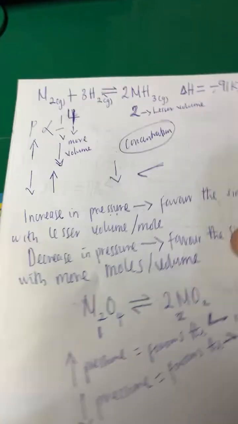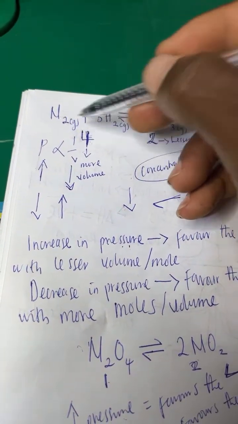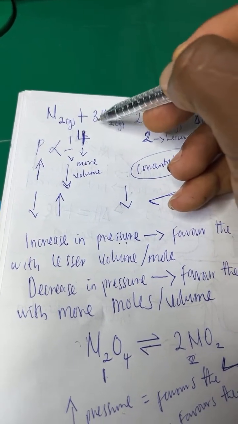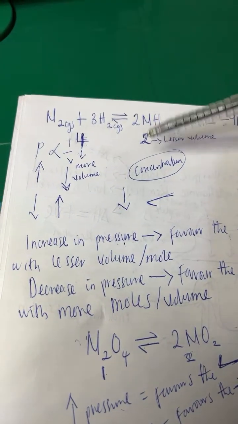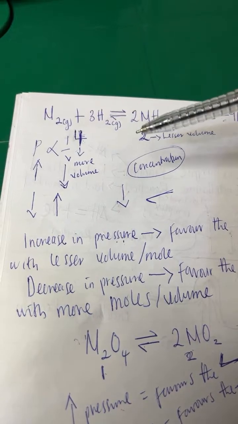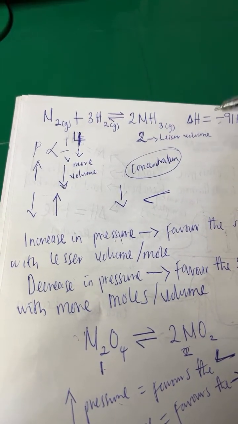See now here, we have 4 moles of nitrogen and hydrogen gas, and here we have 2. If there is an increase in concentration, it will favor the side with lesser concentration.